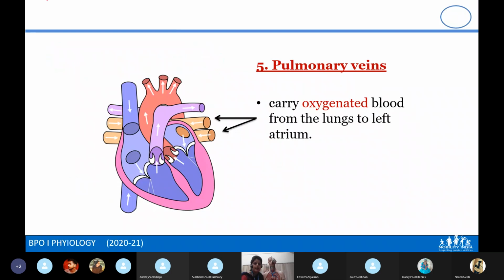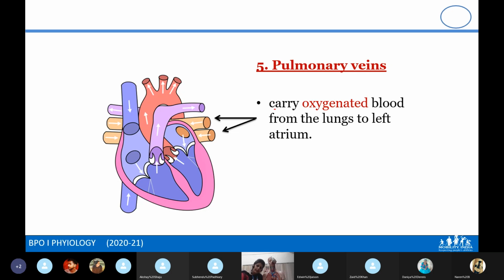So next is pulmonary veins. Now the pulmonary artery takes blood to the lungs. Now the air, the oxygen you are taking, mixes with that blood.